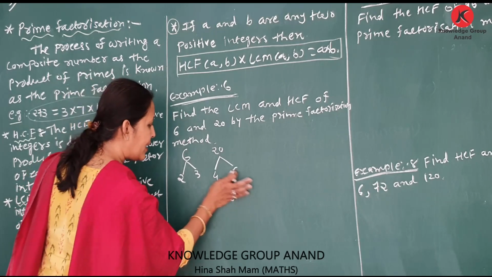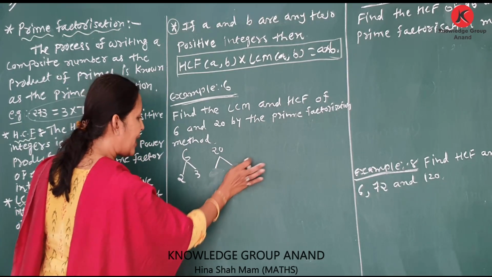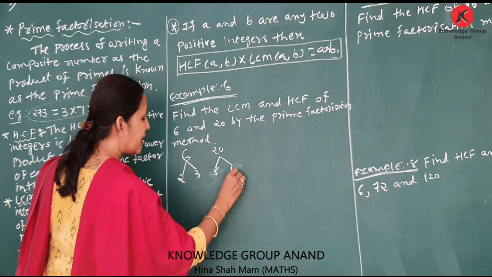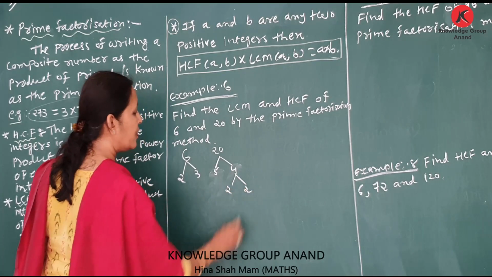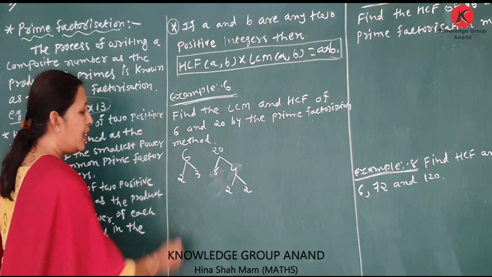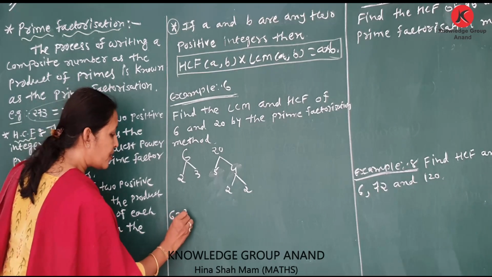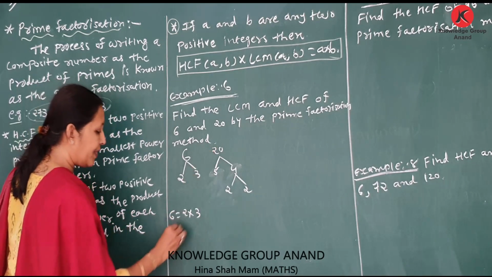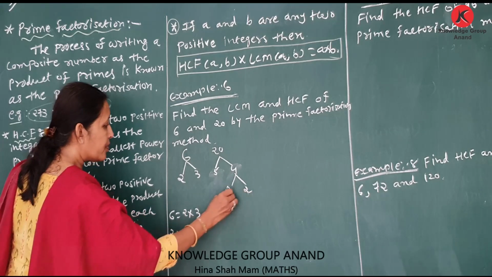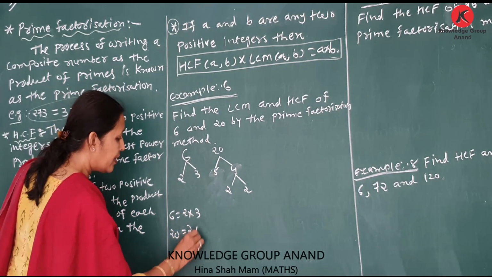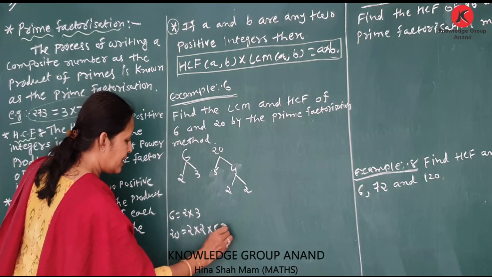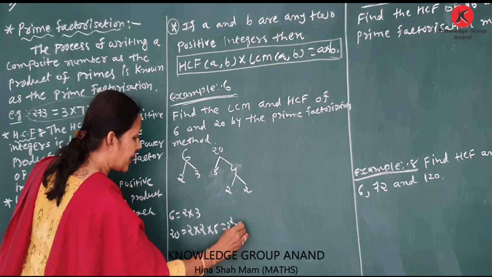Otherwise here you write 5 4s. Now 5 is a common factor. Then we write 6 is equal to 2 3s are 6 and 20 is equal to 2 2s are 4, 4 5s are 20, which is 2 square into 5.